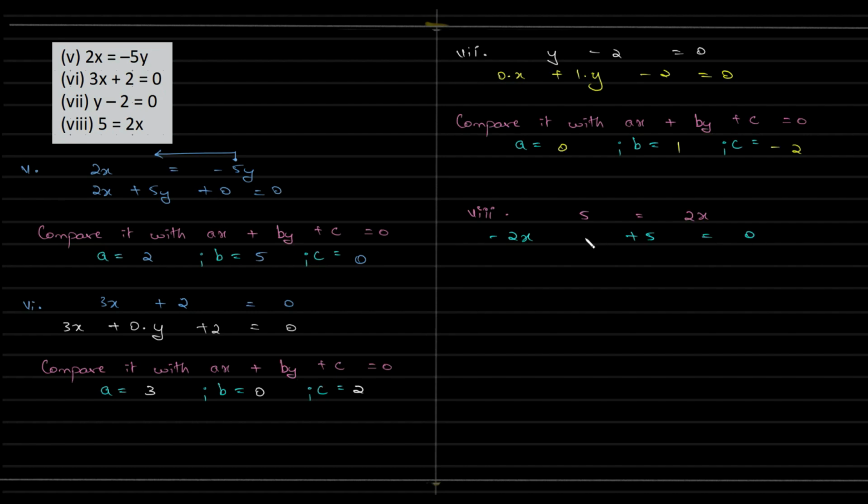But where is y? It's hidden in the form of 0 into y. And now when we compare it with this, we end up with a equal to minus 2, b equal to 0 and c equal to 5. And these are your answers.